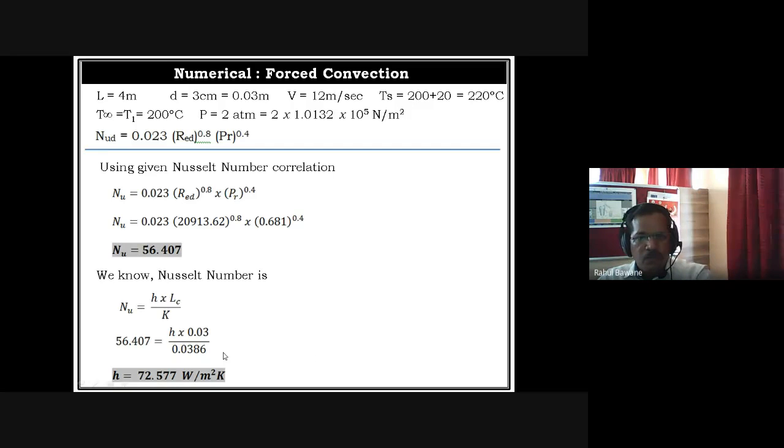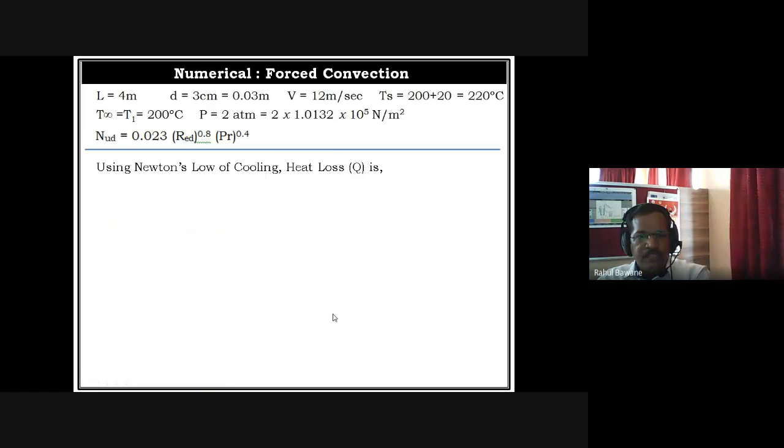So now we know the h value. Why are we doing all this exercise? Only to find the h value. Once we get the h value, we can use Newton's law of cooling. So Newton's law of cooling is h, surface area, temperature difference. The temperature difference is T surface minus T infinity, where T infinity is the air temperature. What is the surface area?